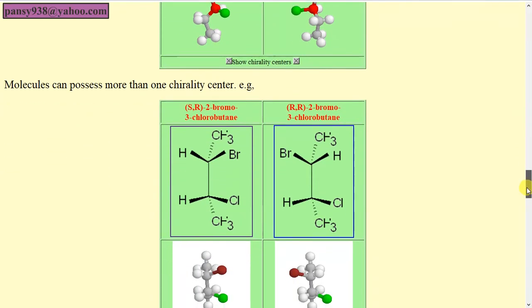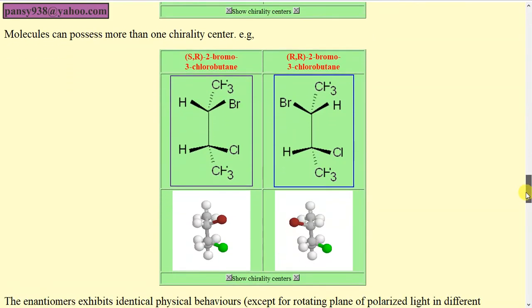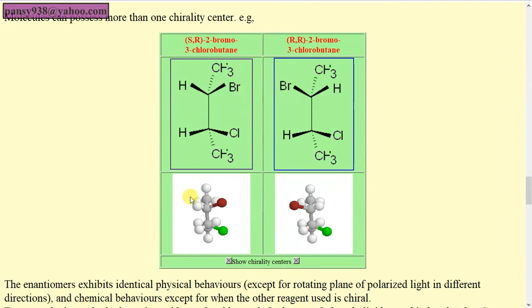We have observed that there may be more than one chirality center. For example, in this case, you see that there are two chiral carbons in this compound. Methyl is at the back side if you turn according to the diagram.